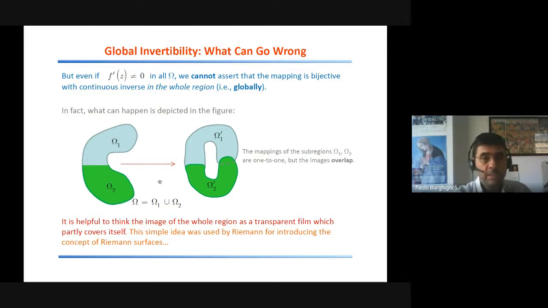As you can see in this drawing, what I have done is to represent things as if the whole region in which the omega region is mapped were made of a transparent film which partly covers itself. So with this idea in mind, you can understand quite easily what Riemann had in mind when he first introduced the concept of a Riemann surface, about which we will now say something.